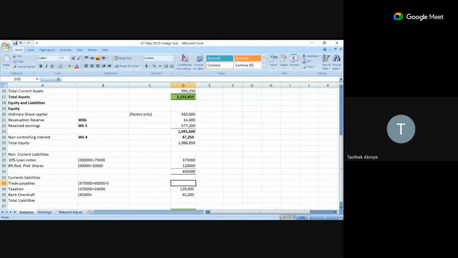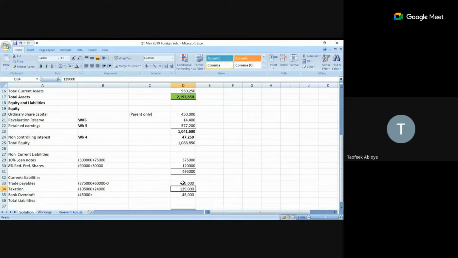Trade payables figure. Nobody is giving me the figure again. 435,000, trade payables figure. People have slept. Okay, 435,000. Thank you, ma.